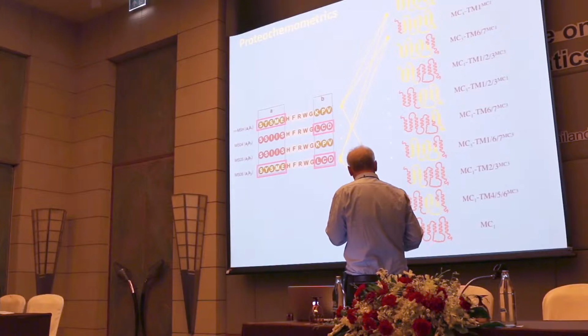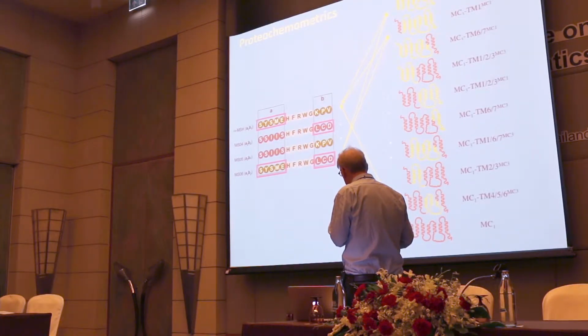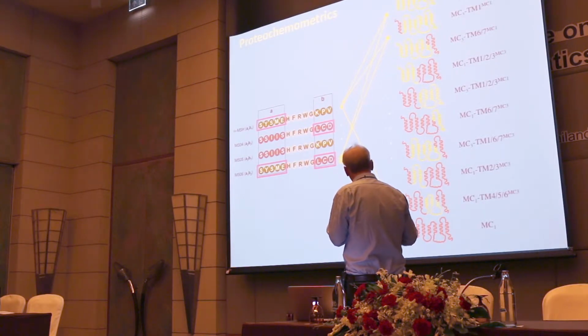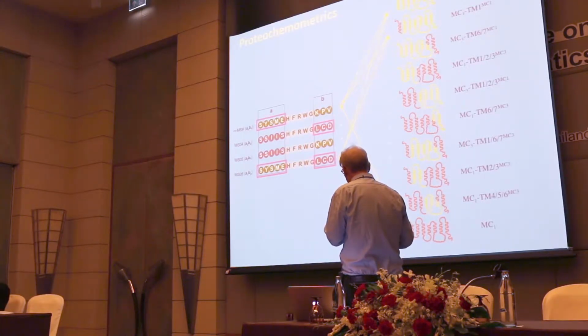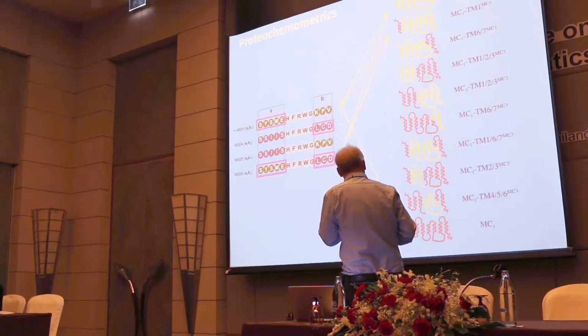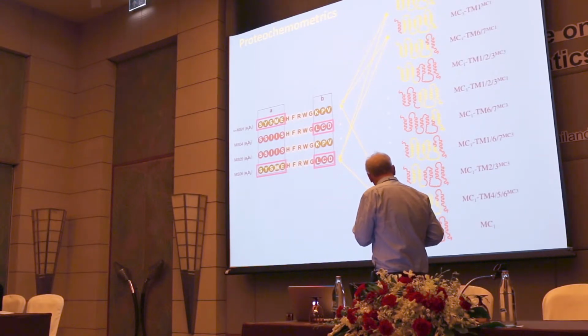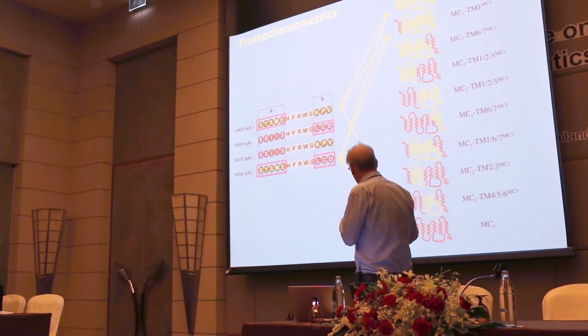So the question is, how did this selectivity come through? So what we did was to create chimeric peptides. So there are chimeric receptors and chimeric peptides from these two variants. There are only 4 chimeric peptides, and there are, I guess, 30 or so chimeric receptors, and all of them were tested.